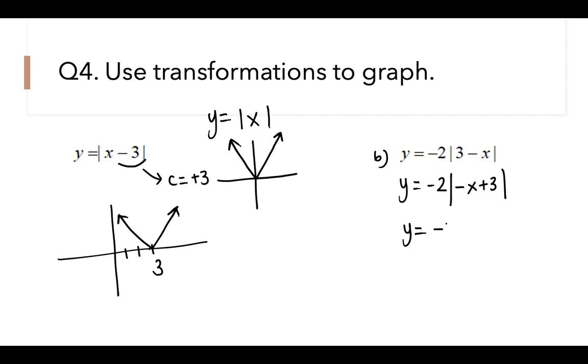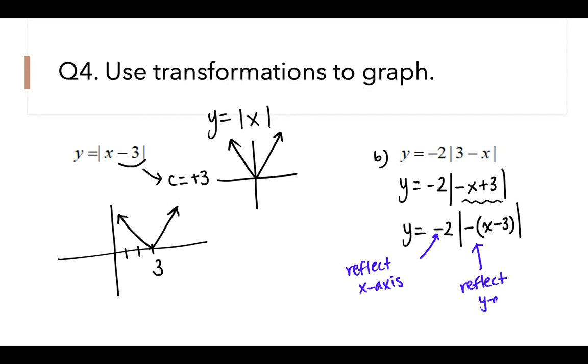So y is equal to negative 2, negative, factor, x, minus 3, and close the bracket. So you must factor whatever's in front of x when you have an expression inside the bracket. This negative means it's a reflection through the x-axis. We also have reflect through the y-axis.